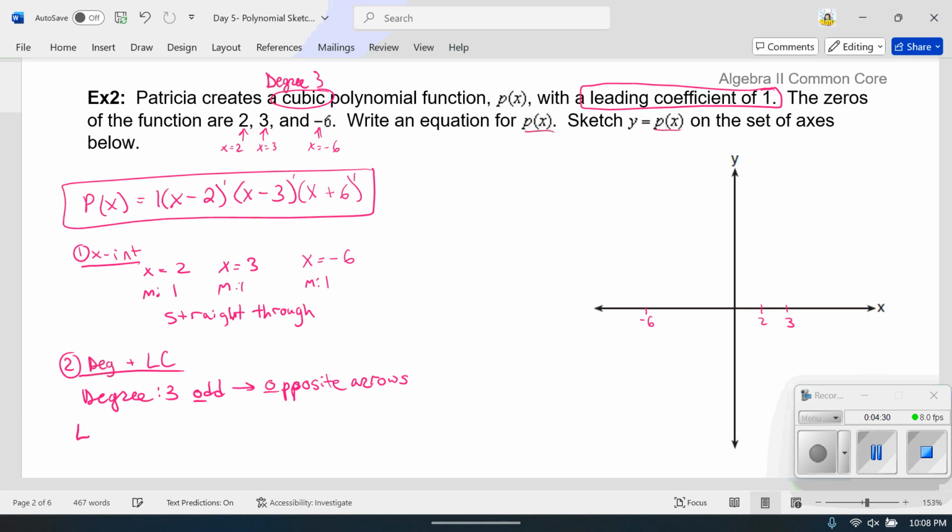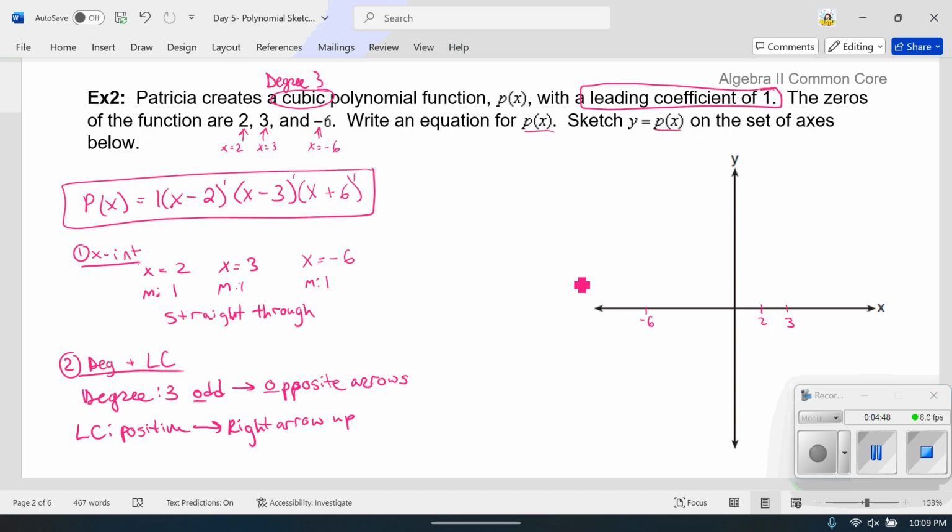And then the LC is positive. I know it's 1, and 1 is a positive number. That means the right arrow goes up. A negative leading coefficient would mean the right arrow would go down.